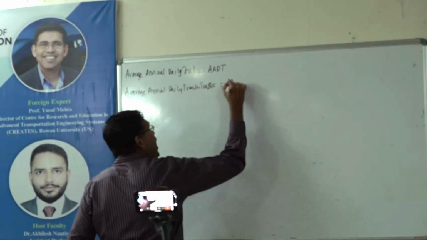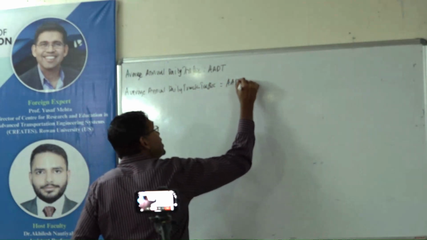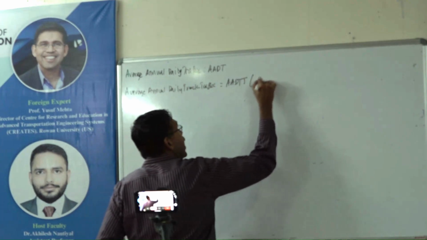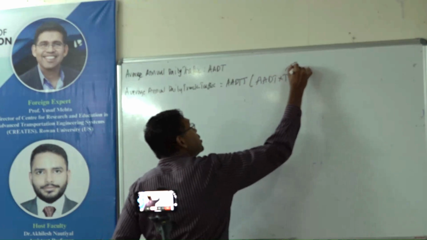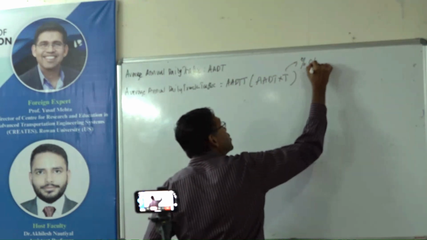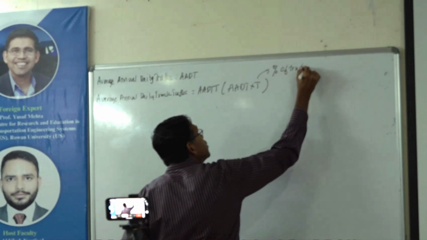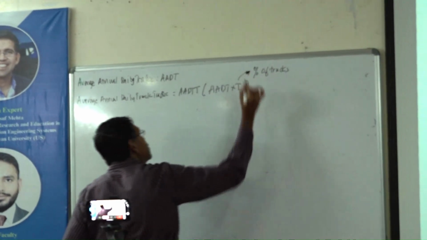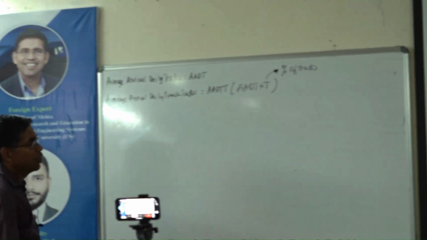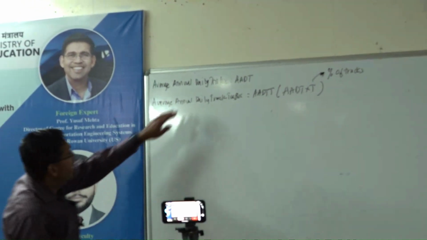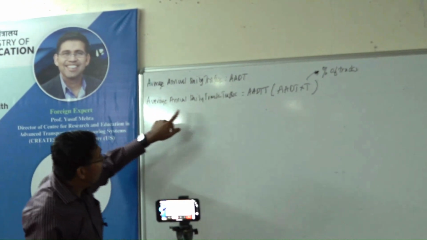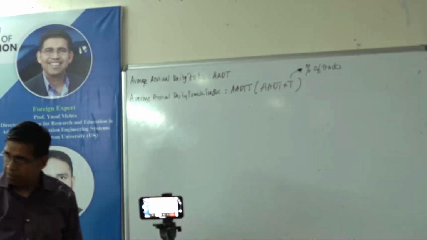It's given by AADTT, which is AADT times T, where T is the percentage of trucks.